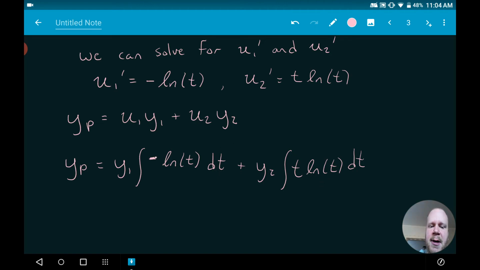So if you compare this to what we saw when we just set up this formula and started writing it, the only difference is this negative sign gets pulled out in front, and then it'll look identical to what we figured out just by solving for the Wronskian, putting g of t and y1 and y2 in the right spots. So this will produce the exact formula we saw earlier.